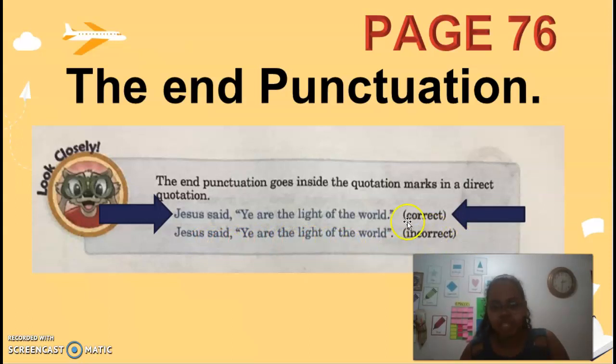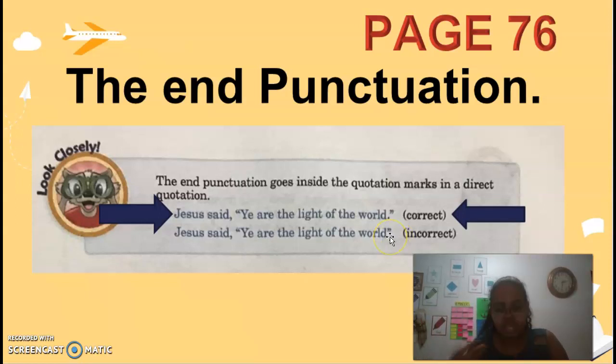Why? So look here. In this part of the quotation, we have the period inside the quotation mark. And here we have the period outside of the quotation marks. So that's why it's incorrect. Because the period goes inside, not outside.